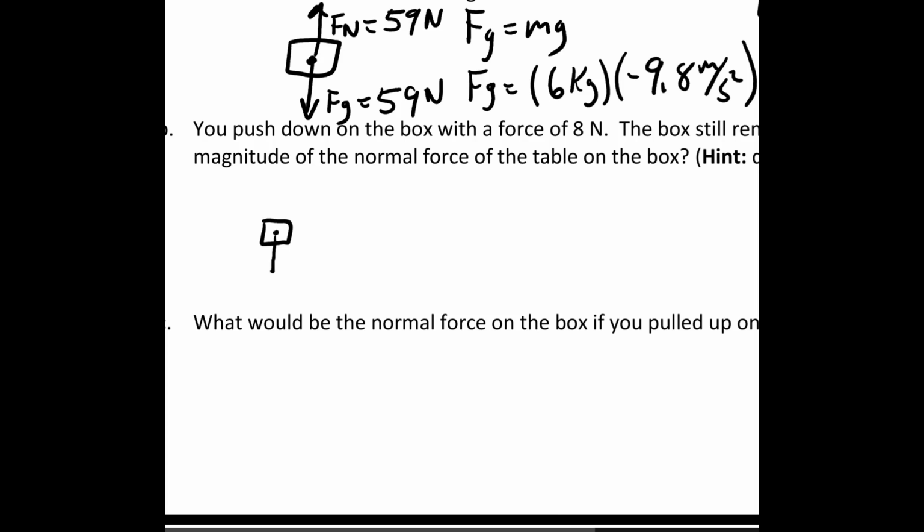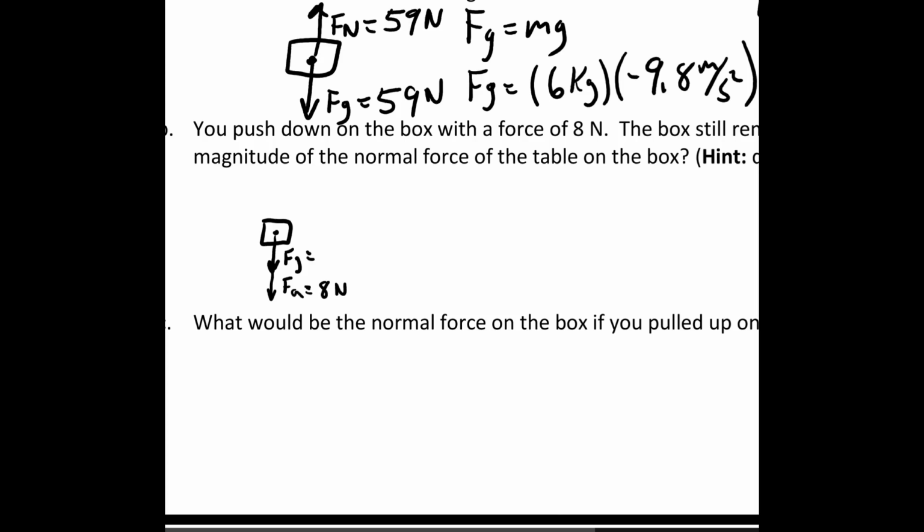You have Fg, and you also have a normal force, but we're not sure, is the normal force equal, or is it greater than or less than the weight? You're pushing down on the box. This is your applied force, and that's equal to 8 newtons.